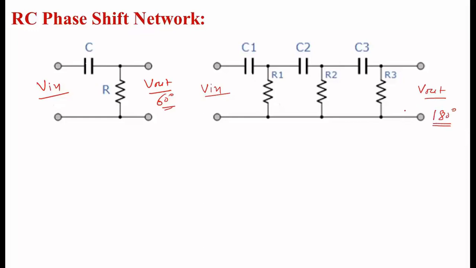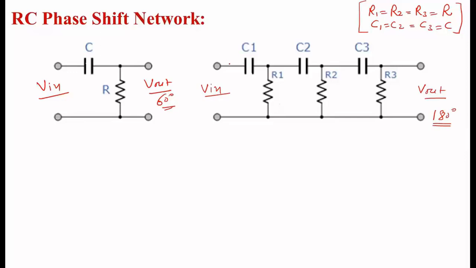Let's calculate the gain and frequency for this feedback section. Let R1 equal R2 equal R3 equal R, and C1 equal C2 equal C3 equal C. For this combination, let's calculate the gain and frequency response.